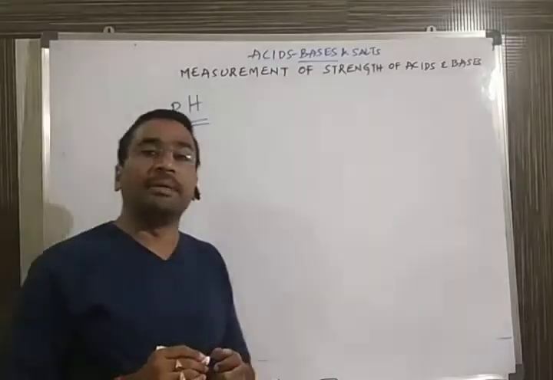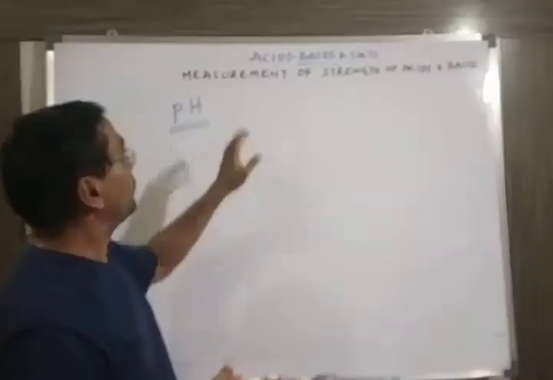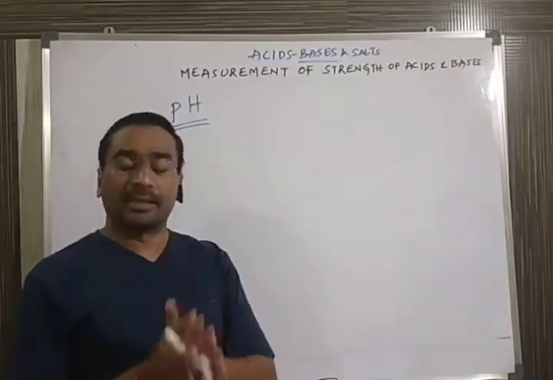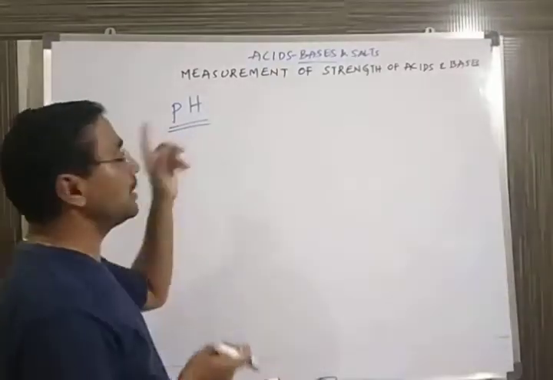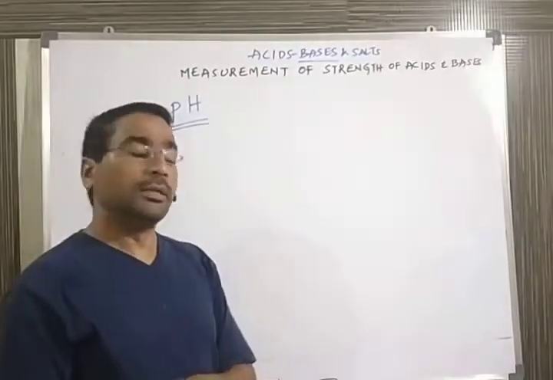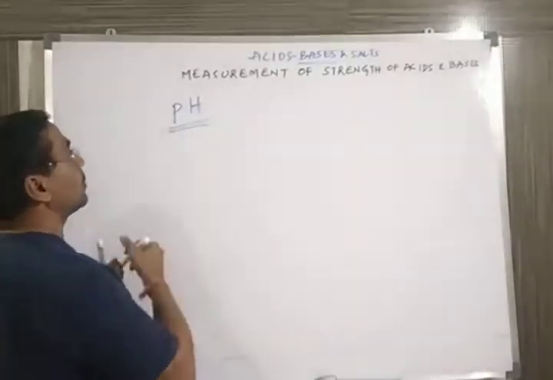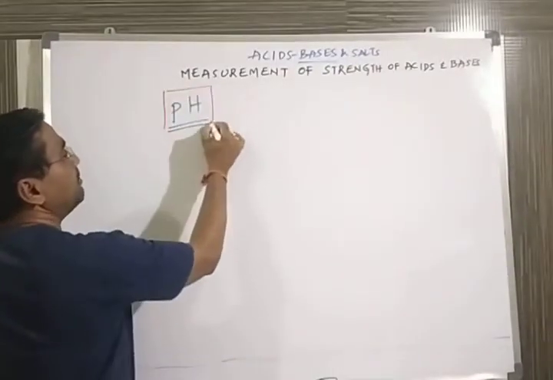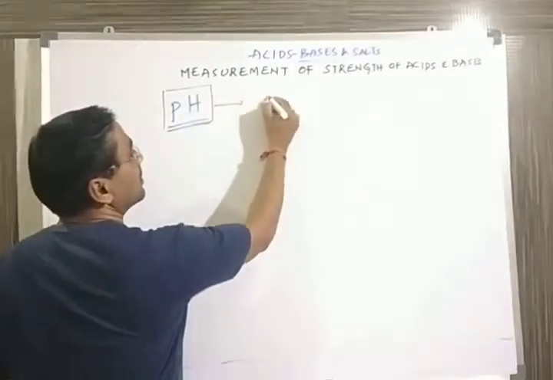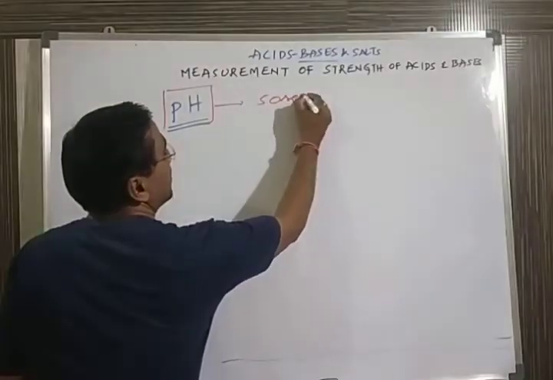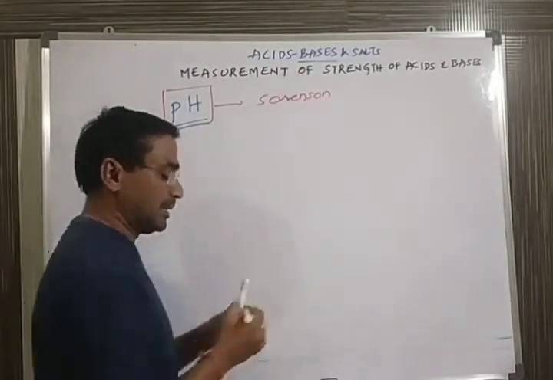The main parameter used for measuring the strength of an acid or base is pH. This pH concept was given by the scientist Sorensen.